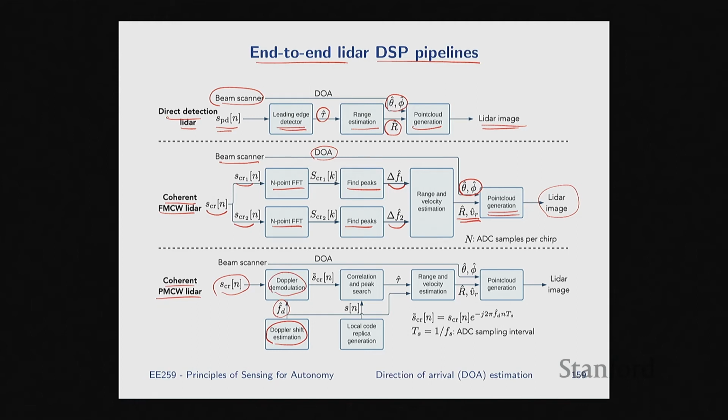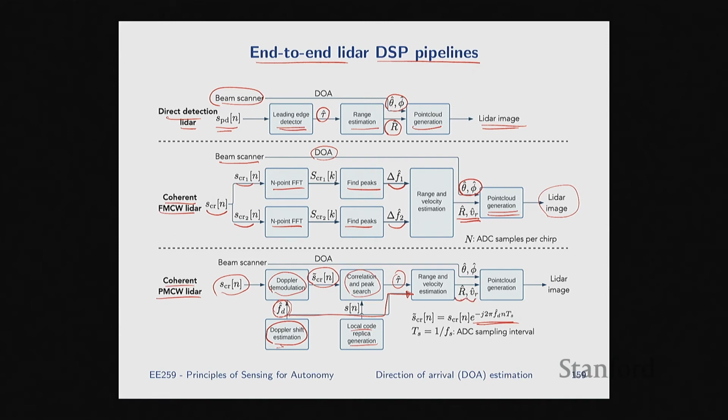So basically, exactly like in GPS, multiply it by e to the minus j2 pi F hat_d n. And now this S tilde of n is the signal with Doppler canceled out, so you can just correlate that. Feed it to a correlation with a local replica of the ranging code that you sent, and the correlation peak gives you an estimate of the round trip time of flight, and also you have your Doppler estimation from your Doppler block. And from there, you basically get your range and velocity estimate.